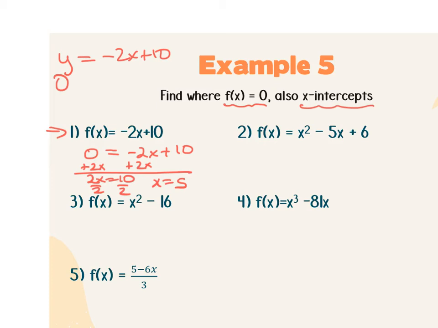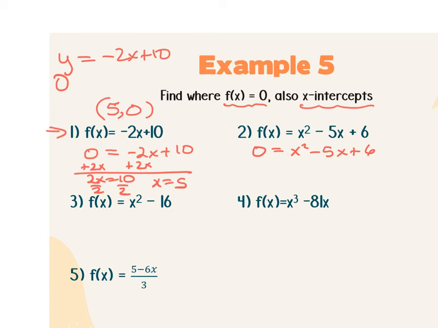2x equals 10, divide by 2, x equals 5. Again, we're going to write it as an ordered pair. So 5 was the x, and we plugged in 0 for y. The x-intercept will always have a 0 in the y position. We're going to do the same thing on number 2, but this time we have to factor it. So 0 equals x squared minus 5x plus 6. I'm now going to factor the trinomial.